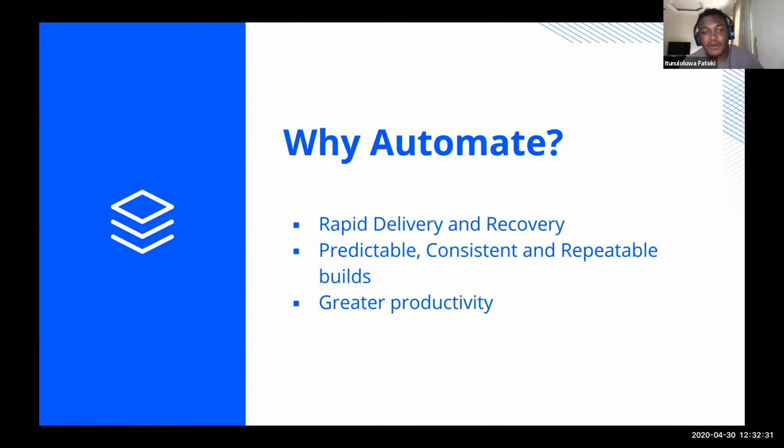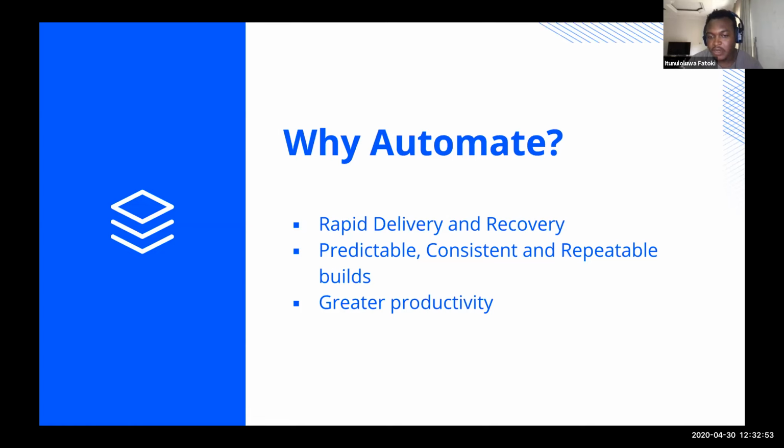As software developers, we're all familiar with the whole concept of, but it worked on my system. What's going on here? That's basically what causes it. There's some sort of difference between where you're coming from and where you're taking this. So when you automate, it helps you solve all of that, because you would have handled all those issues in your code, in your infrastructure as code.